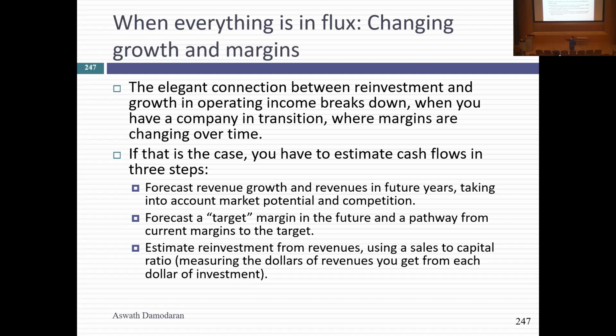So the first step is you project out revenue. For some companies, it's going to be really high, if you have a young growth company in a big market. For some companies, it's going to be lower because you're a mature company. For some companies, could it be negative? What kinds of companies? We use a negative revenue growth rate.